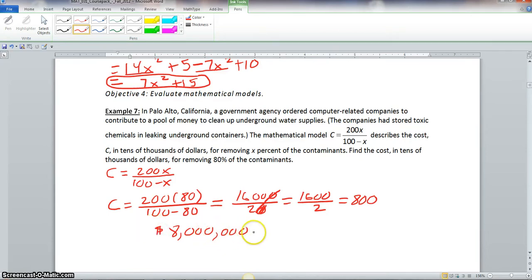Because remember, C stands for tens of thousands of dollars. So you will have to take this 800 and multiply it by 10,000 in order to get your final answer here, which is $8 million. So that is how much it will cost those companies.